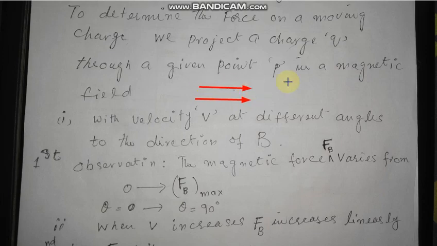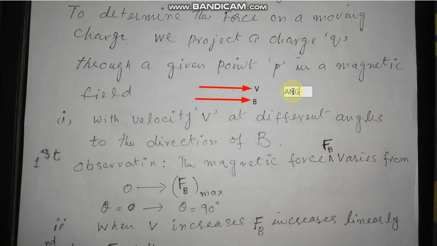That is, if the upper arrow shows the velocity of the charged particle and the lower arrow shows the direction of the magnetic field, which is denoted by the letter B, if both are parallel, it means that the angle between the two will be equal to 0.